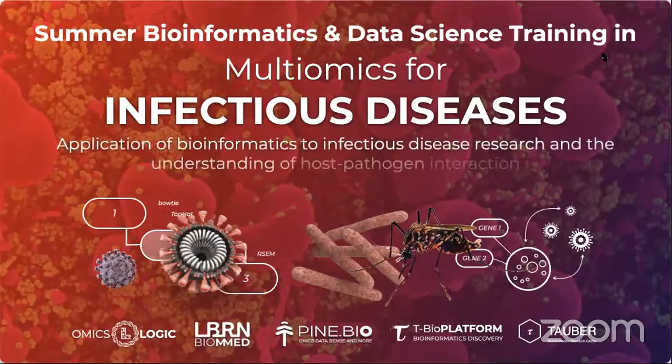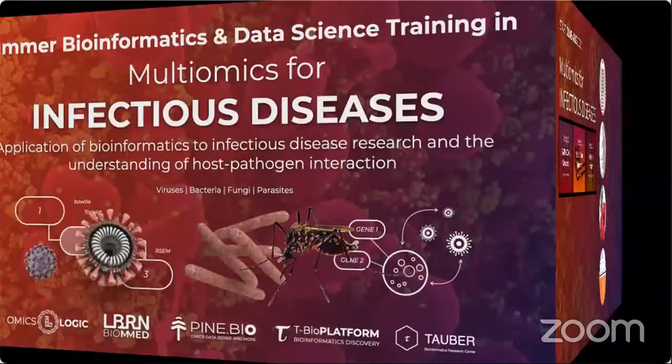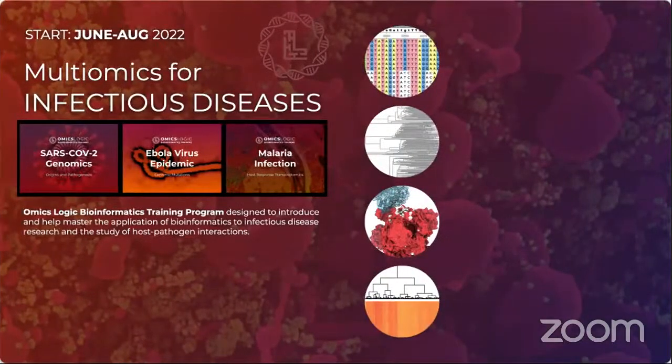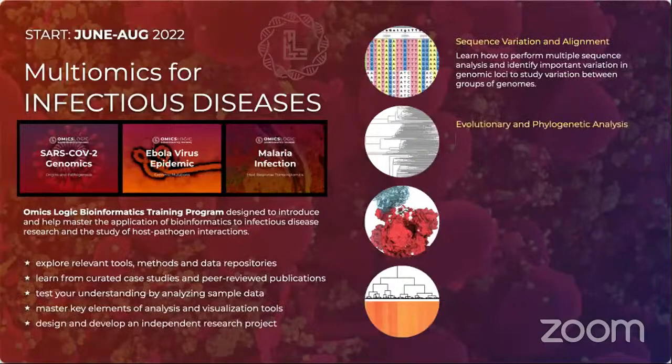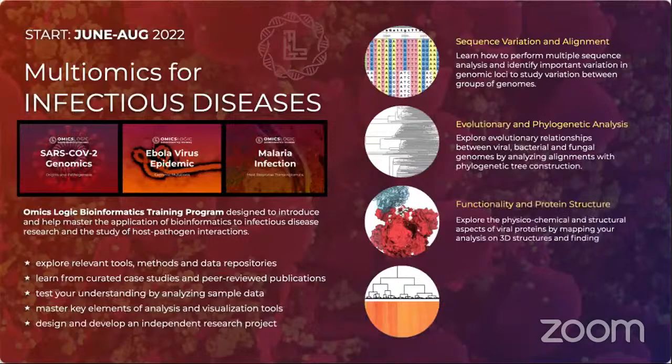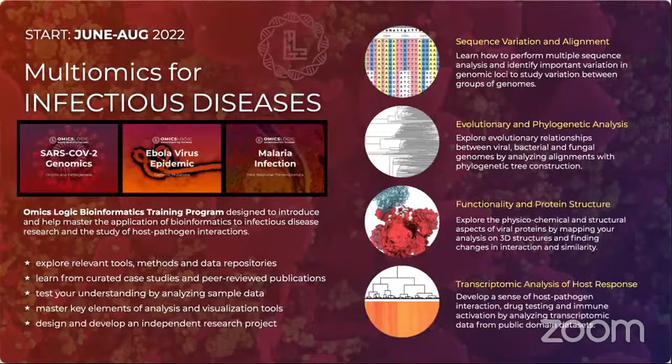In this program, we will provide you training on how to perform sequence variation analysis, alignment analysis, and phylogenetic analysis, so that you can understand, for example, where your SARS variant or strain lies in the lineage of variants of concern or variants of least concern.